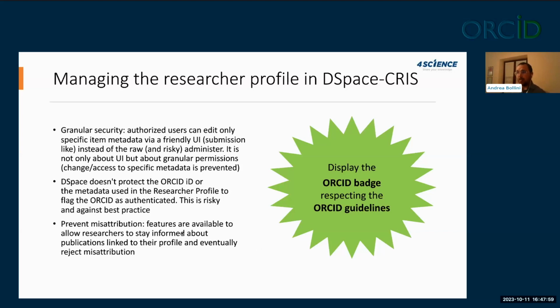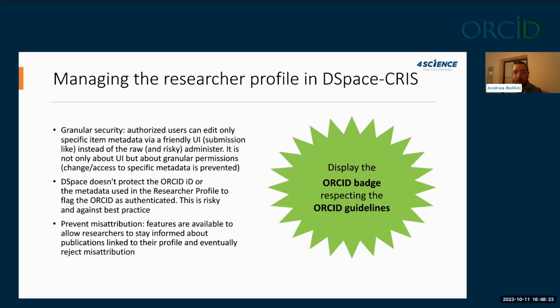Another issue is that even if you completely trust your researchers, so they will not manipulate the data, you cannot prevent misattribution. If someone else during the submission identifies your researcher as an author just using the lookup, this connection will be established between the person and the project and the publication.